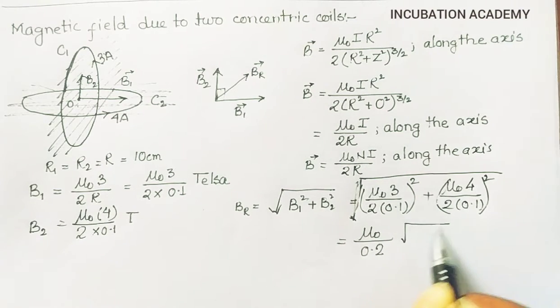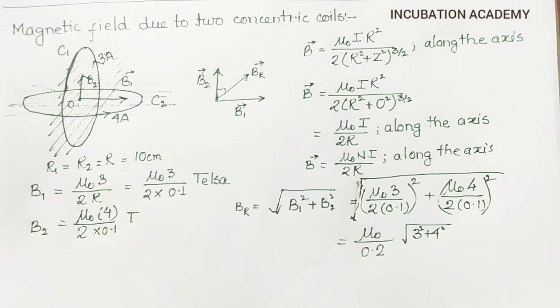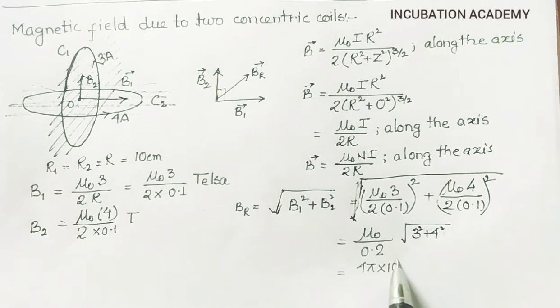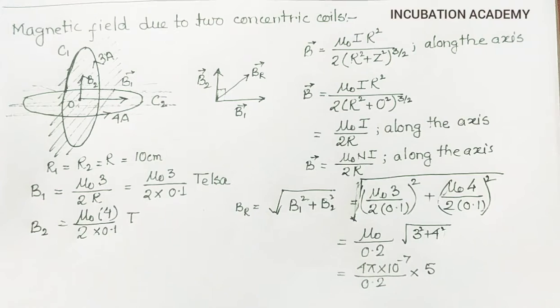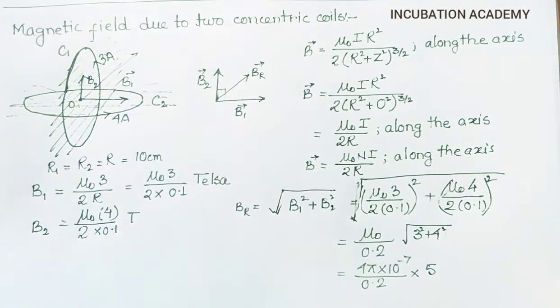Root over 3 square plus 4 square is 5, because 9 plus 16 is 25. So it is 4 pi into 10 to the power minus 7 divided by 0.2 into 5. This is the resultant magnetic field along this direction.